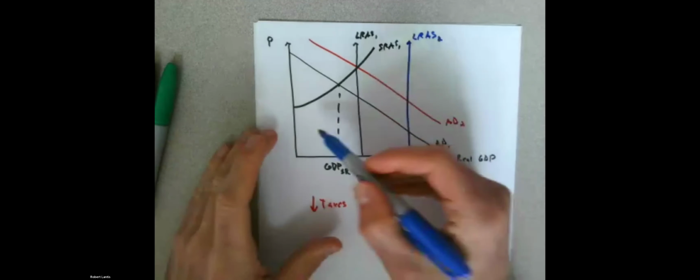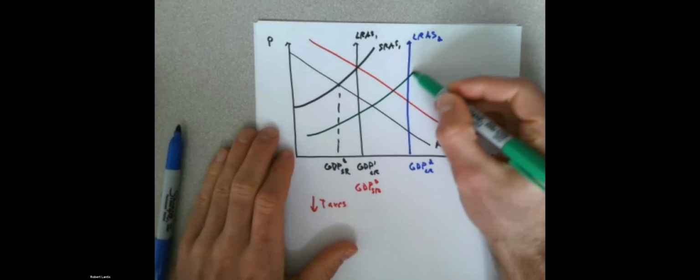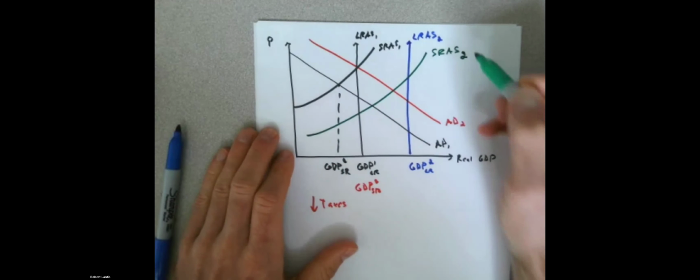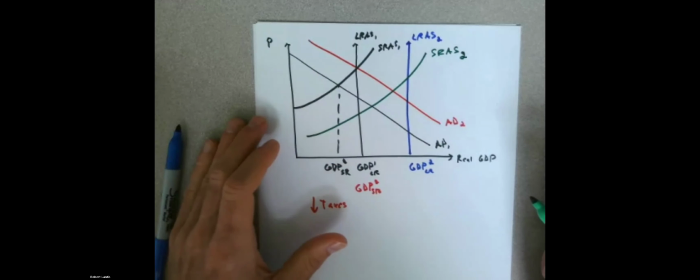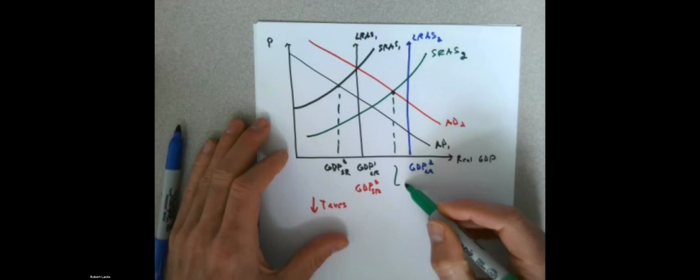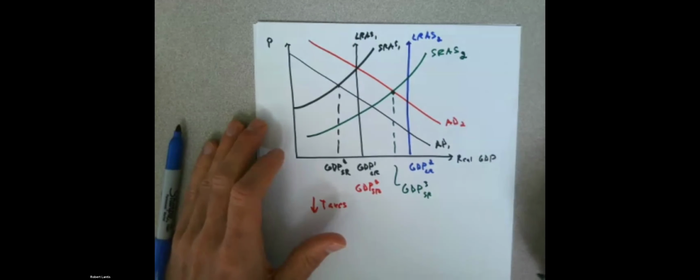And just to make this point, even if I didn't give you that simplifying assumption, even if the short run aggregate supply increases, well, where would our new short run GDP be? Still too low, right?